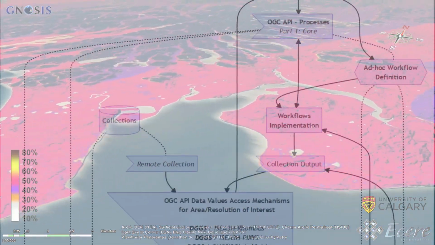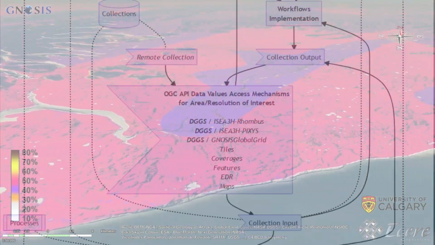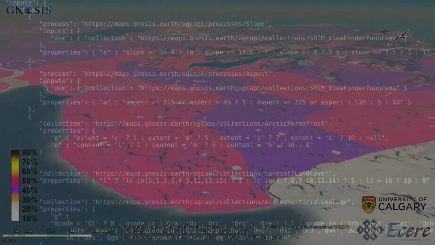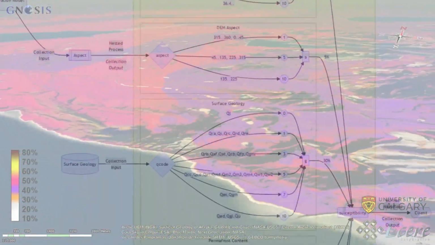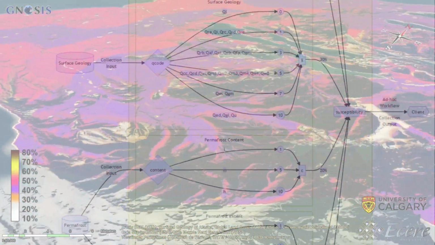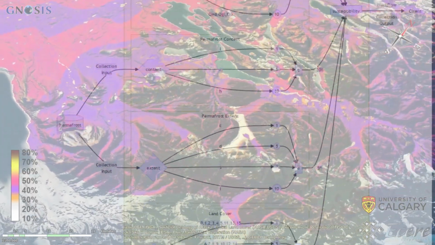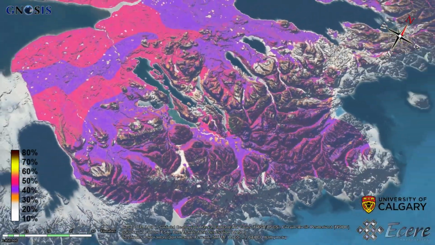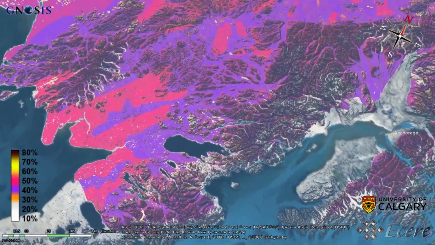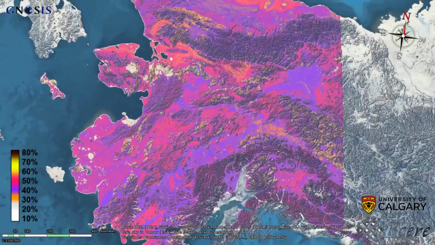These data access mechanisms, together with the ability to define filters and derive fields expressions with CQL2, can be used to trigger the execution of processing workflows defined with OGC API Processes Part 3, enabling researchers to easily integrate the datasets and algorithms they need to address challenges such as coastal erosion.